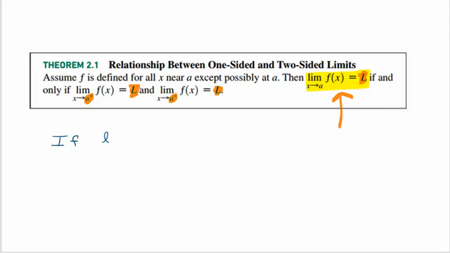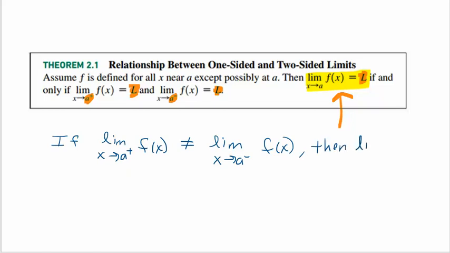If the limit as x approaches a from the right does not equal the limit as x approaches a from the left, then the limit as x approaches a of f of x does not exist. We say does not exist.